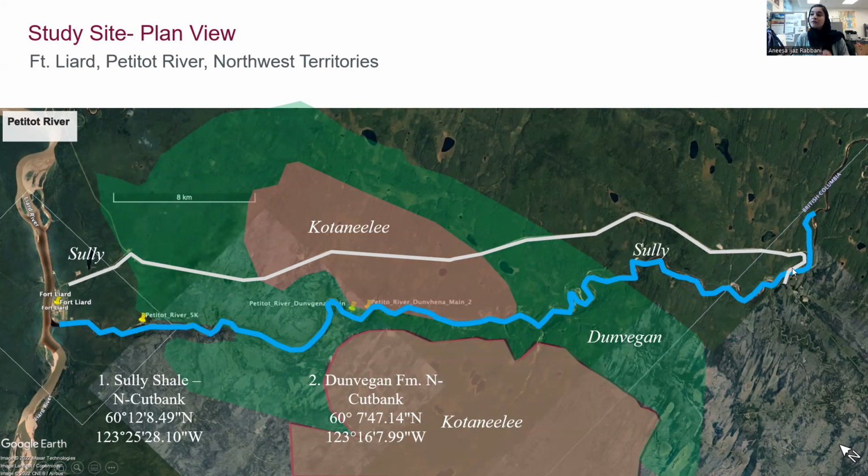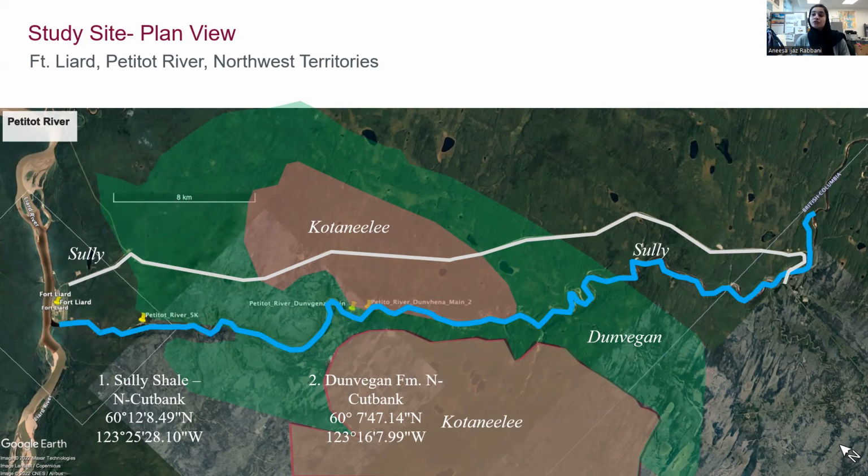The best way to map this river is to actually canoe it all the way. This is upstream right here, and the best way is to canoe it all the way downstream. Or if you start from the town of Fort Liard, you can hike up the river and collect your measured sections and do a bunch of field work. That's what we were able to do.